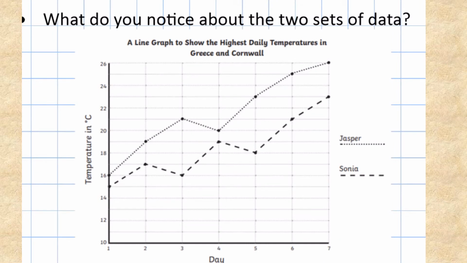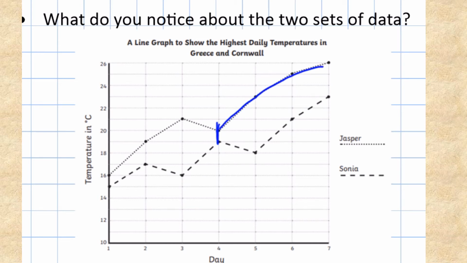So what do you notice about the two sets of data? Well, after day 4 here, which seems to have been a bit of a blip in Greece and a high spike in Cornwall, then both sets of data pretty much start to get hotter.